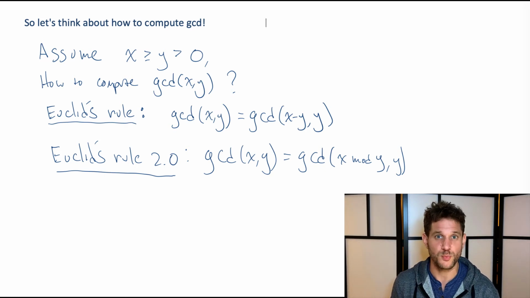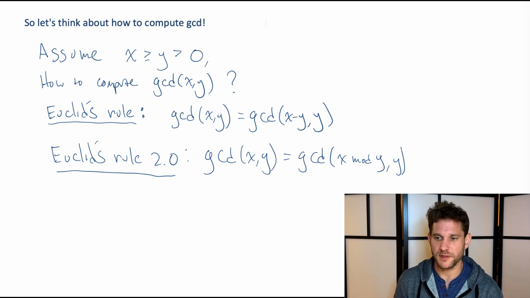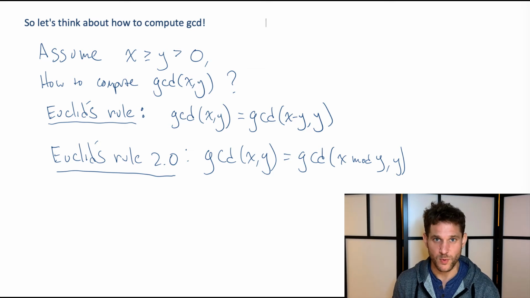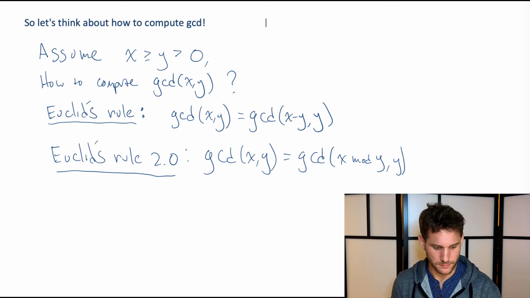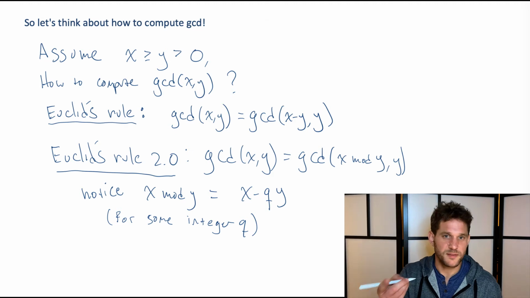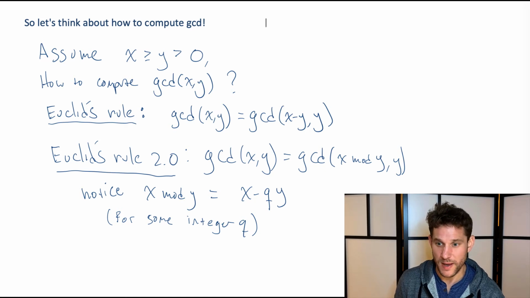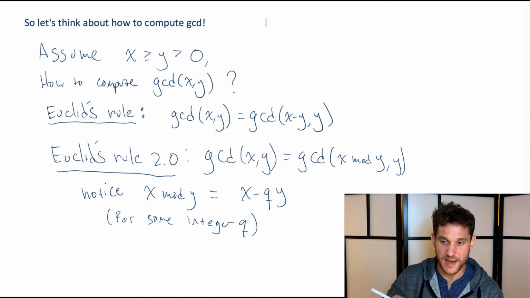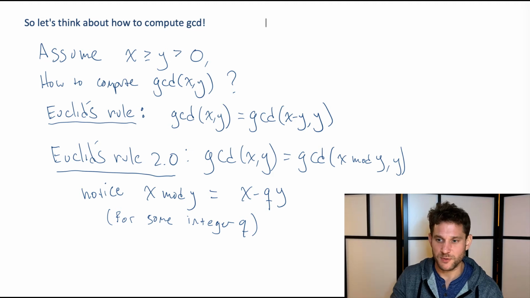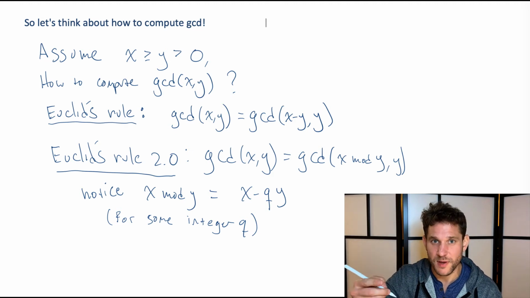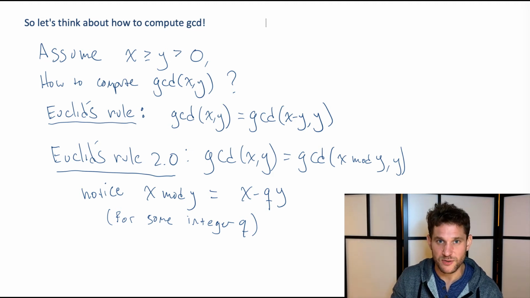Okay, there's also a more advanced version of Euclid's rule. We'll call it Euclid's rule 2.0. If you look at the greatest common divisor of x and y, that actually is also the same as the greatest common divisor of x mod y and y. Why is that? This is true simply because x mod y is the remainder upon division by y, right? The remainder if you divide x by y, which just means that you're taking x and subtracting off as many copies of y as you need to until you have a remainder which is less than y.